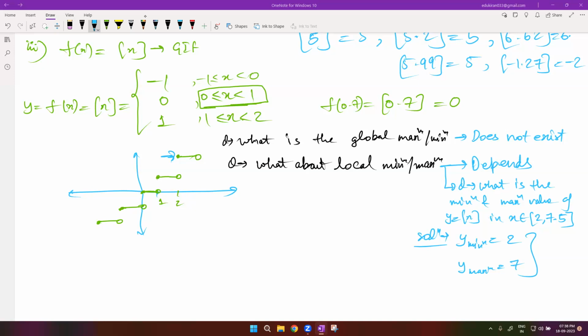We can check the signs of f dash x. If f dash x is positive, it means that the function is increasing. And if f dash x is negative, it means that the function is decreasing, right? So we can check for the signs of f dash x, and that would result in telling us what these points of local maxima or local minima are, whether they exist or do not exist, right?